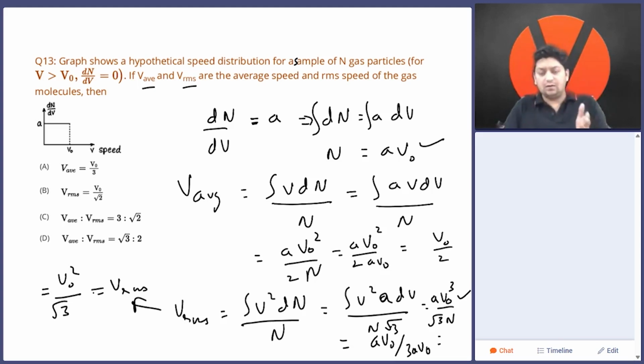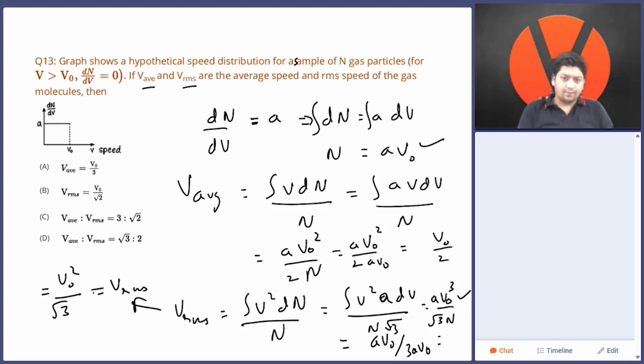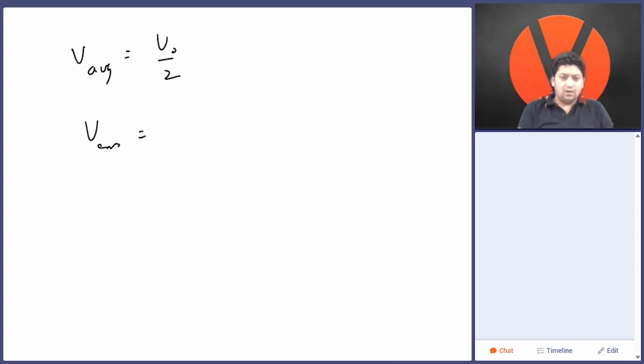So the square root of this will be involved. So V naught square by root 3. Let me write down the values. V average we got V naught by 2, and V RMS we got V naught by root 3.